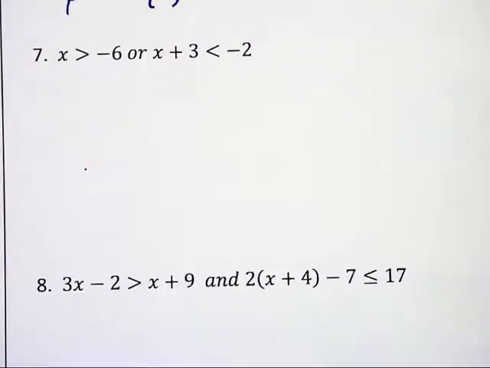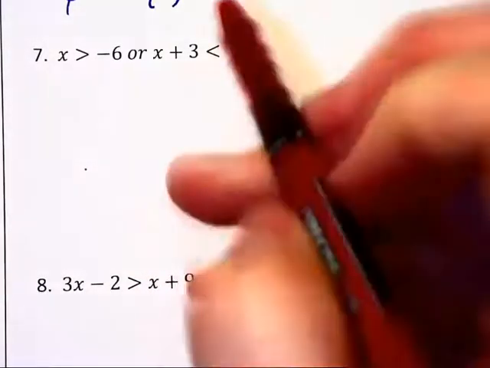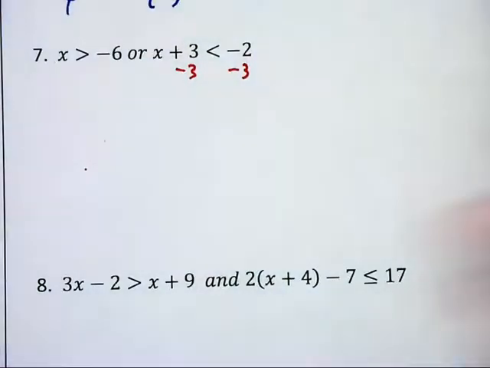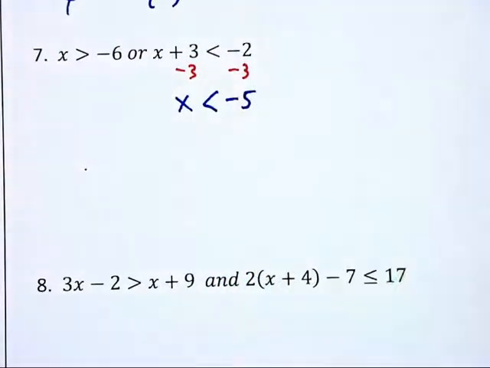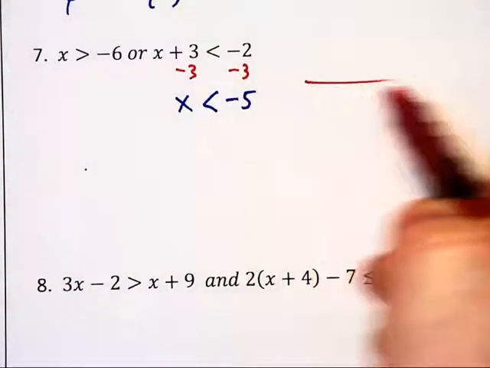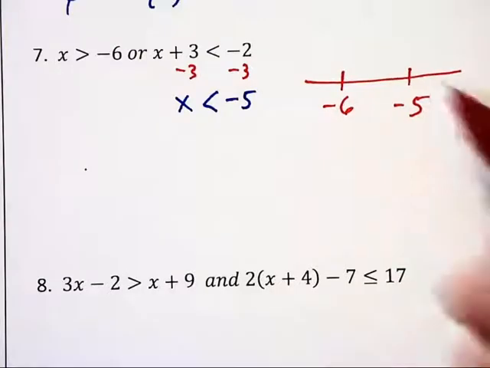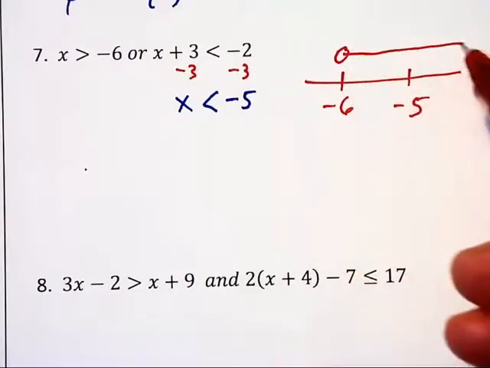For number 7, I'm going to need to clean up the second inequality first by subtracting 3 on each side. That will give me x is less than negative 5. So I really have two inequalities, one at negative 6, one at negative 5. The first one is x greater than negative 6, going to the right.